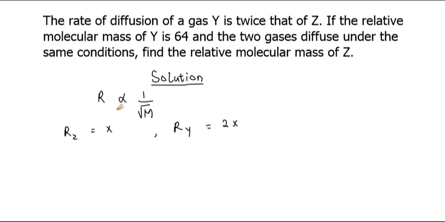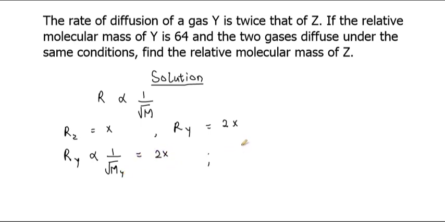Coming back to Graham's law of diffusion equation here now. We can then say that R, the rate of diffusion of gas Y, which varies as 1 over the square root of My, that is the molecular mass of gas Y, is equal to 2X.